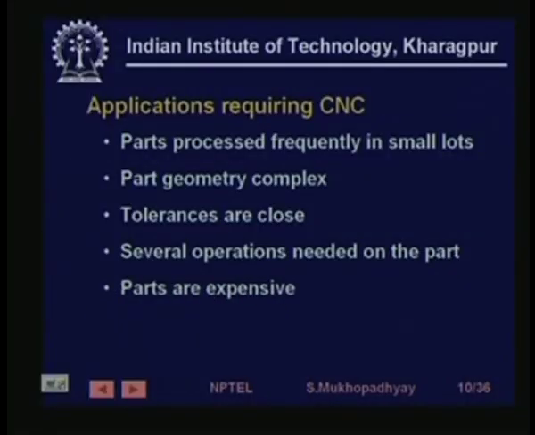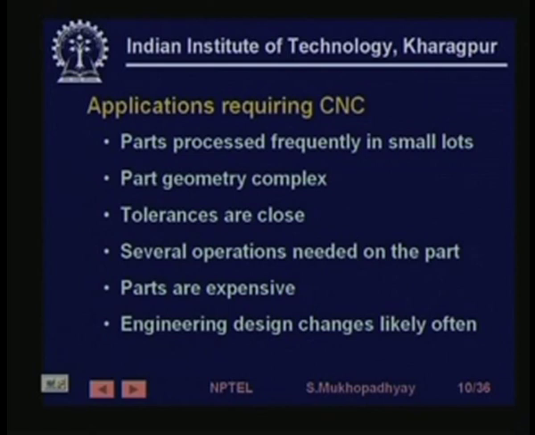And parts are expensive, because when parts are expensive, you do not like to take a chance that due to faulty manufacturing some part will get wasted. That is why you take the help of a machine which, once it is set up properly, will go on working and producing the parts without any mistake or failure.